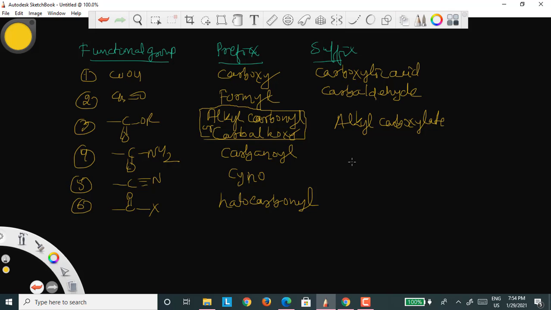Carbamyl will become carboxamide, cyano will become carbonitrile, and halocarbonyl will become carbonyl halide. Okay. So you can write the instruction whatever was there for your notes.